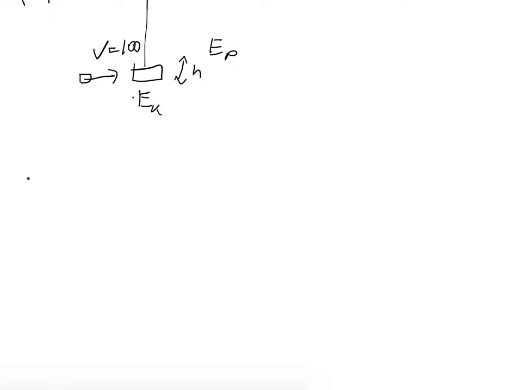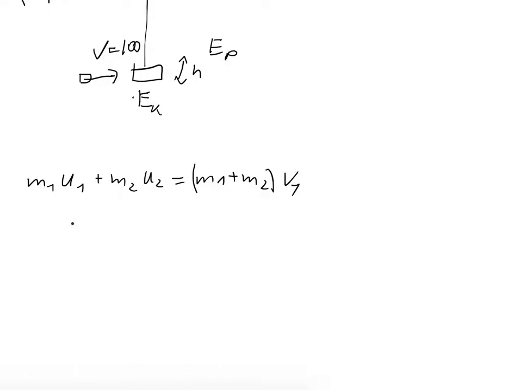So I'm going to apply my principle of conservation of momentum to find the speed after the collision. The reason I wrote this as a sum is because the objects stick after the collision.